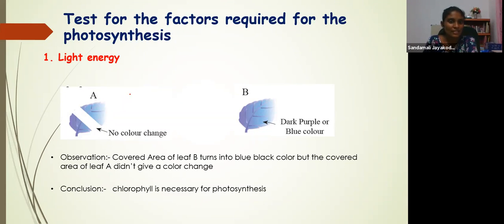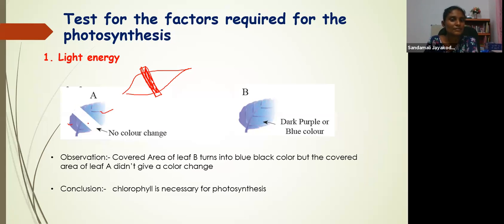In leaf A, which was covered with the black polythene paper, it has a blue color area on both sides of the leaf except the area covered with the black polythene. There's no color change when we put some iodine on the pale yellow color boiled leaf.